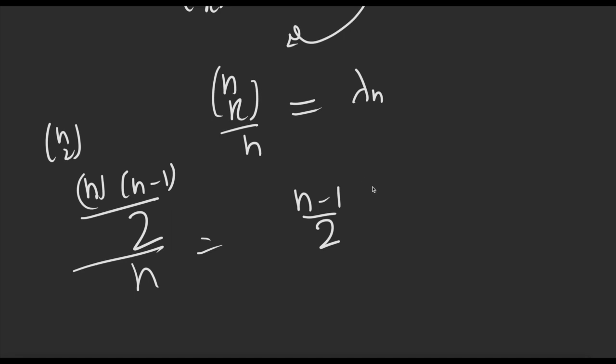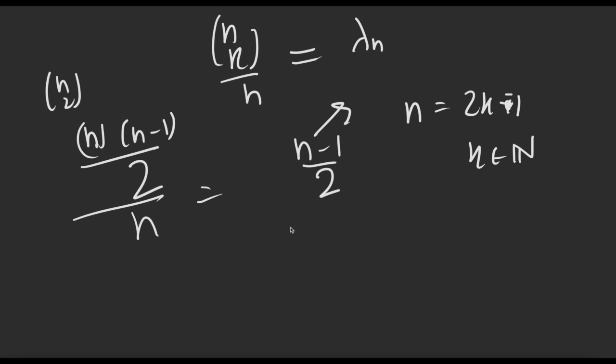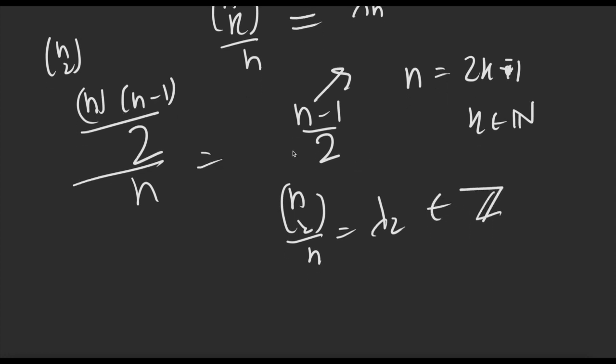So for this to be an integer, we need n to be of the form 2k plus 1 or 2k minus 1, and k is a natural number, right? And so basically we need n to be odd for nC2 to be divisible by n, right? And so nC2 divided by n is equal to lambda 2, that is an integer if n is odd.